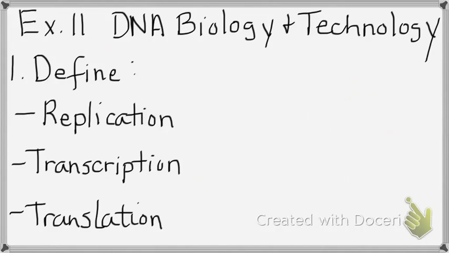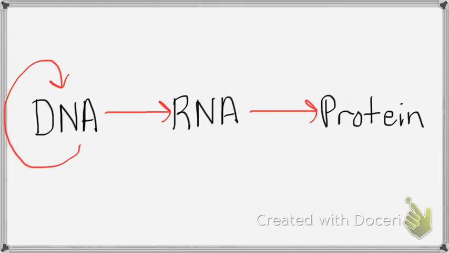Okay, so everybody's okay on number 1 about replication, transcription, translation. These are our choices. So help me fill this out. I got this first arrow right here that shows DNA can be copied to make more DNA. What's that called? Replication. So we're going to put replication here. My next arrow says that I can make RNA from DNA. What's that one called? Translation?